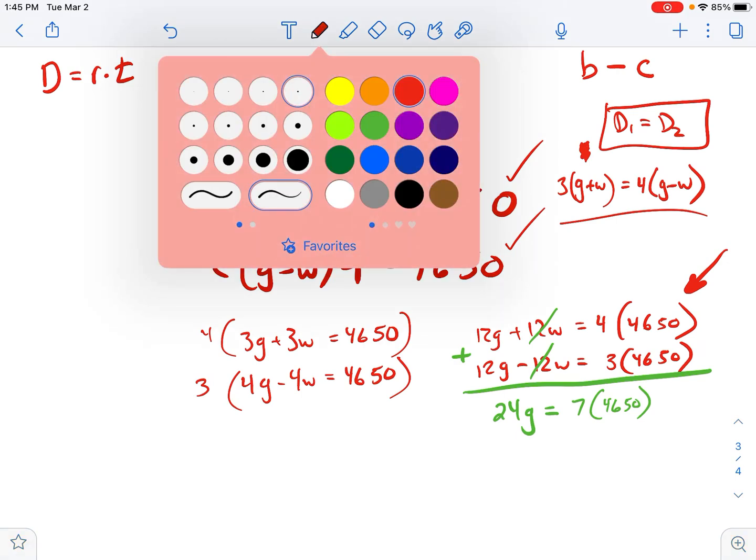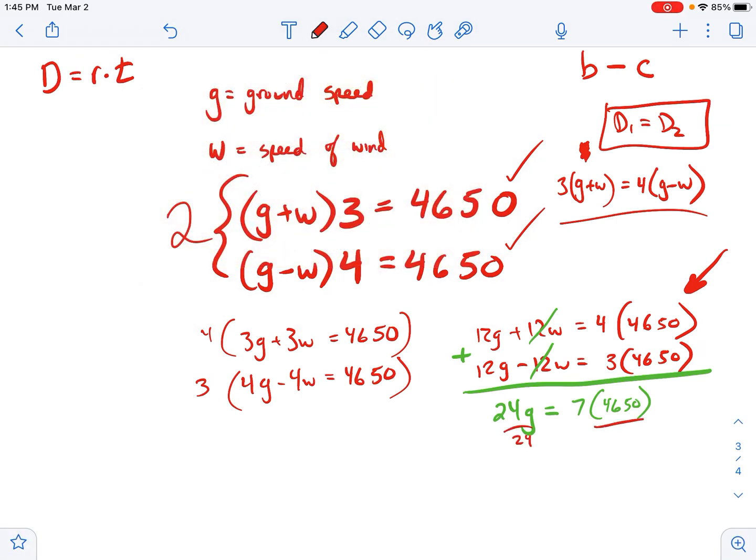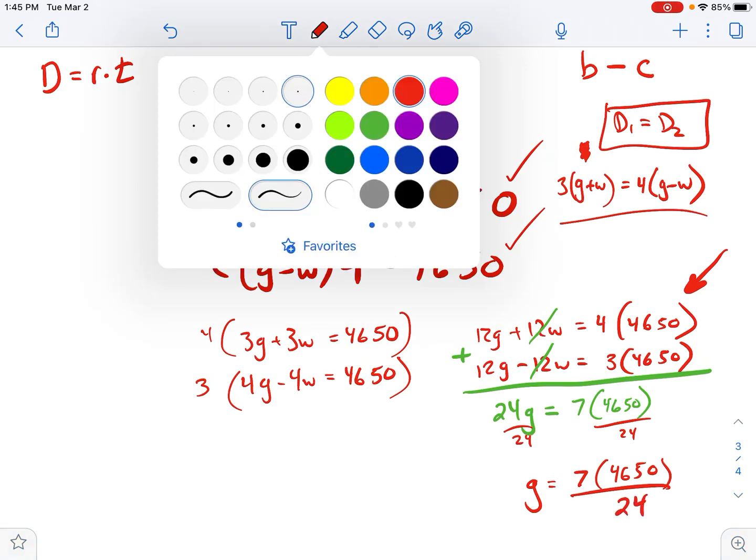And so now I am going to divide both sides by 24. So G, or my ground speed, is 7 times 4,650 divided by 24. You could pull out your calculator, or you could try to just simplify that.